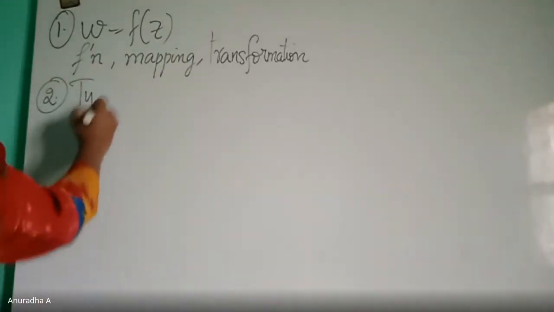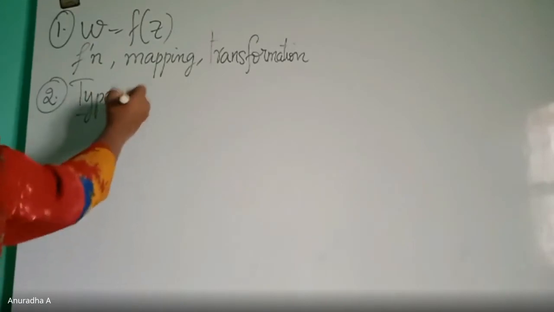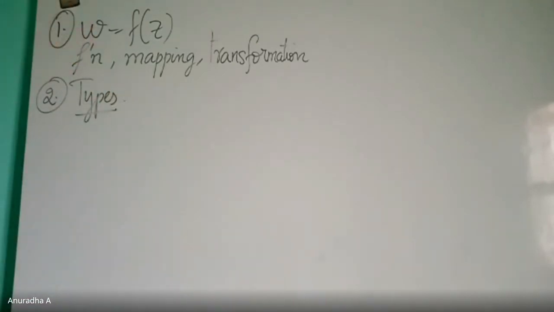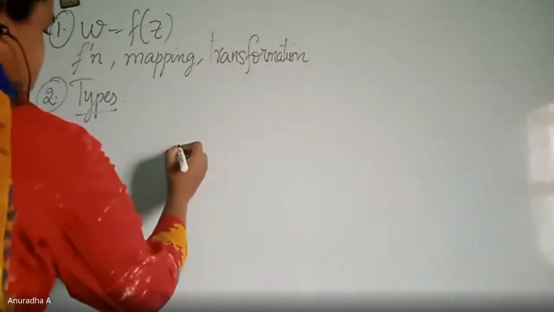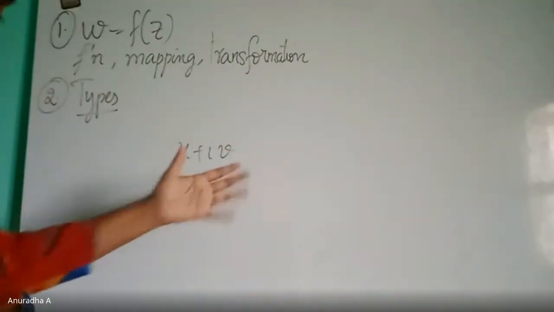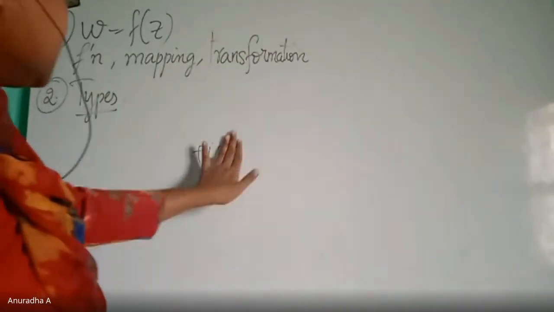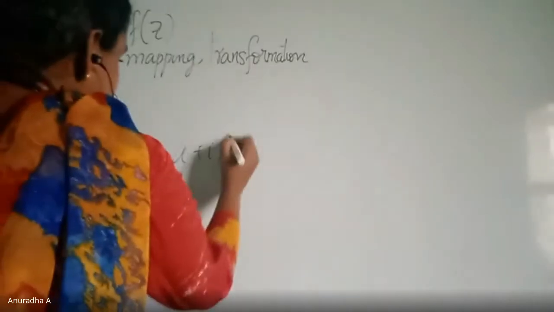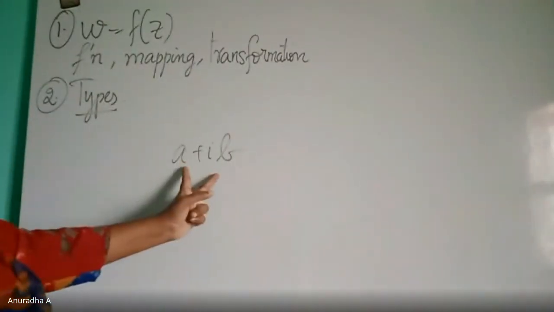What types of transformations are usually there, that we are going to see. First, two types of transformations. Since these are all complex functions, we have two things with us. Whenever we talk about a complex number, u plus iv or x plus iv, I'll take it as a plus ib, better. For a general complex number, I can take two parameters.